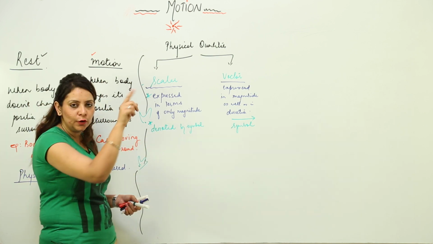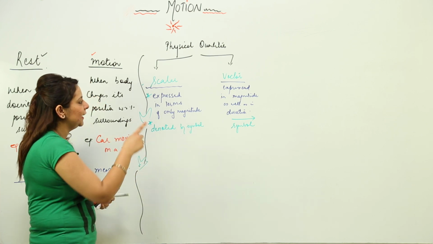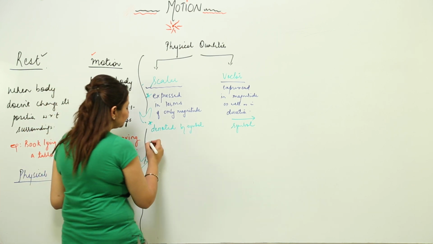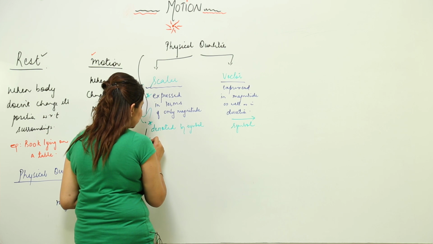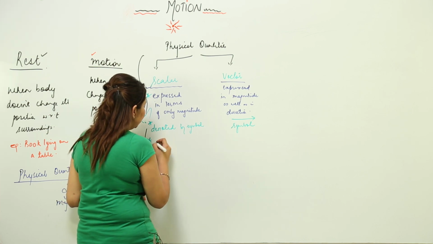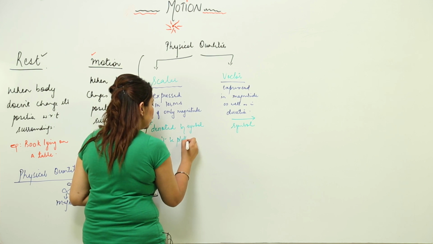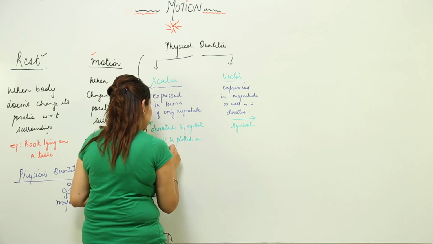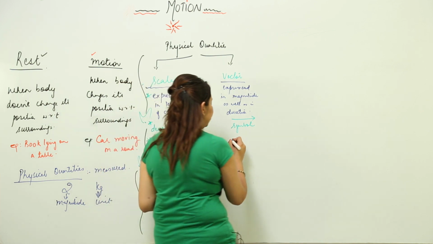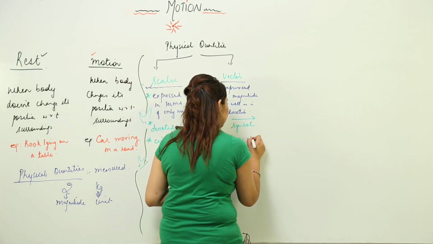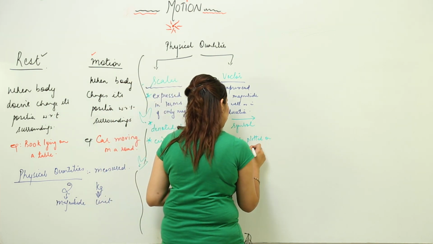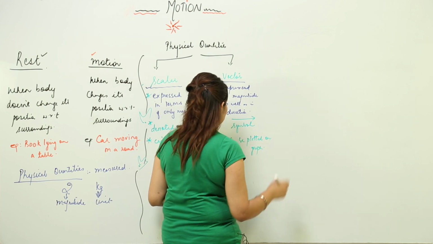So this is what a scalar and a vector are. Moreover, scalar quantities can't be plotted on a graph, but vector quantities can be plotted on a graph. This you will understand in the higher class.